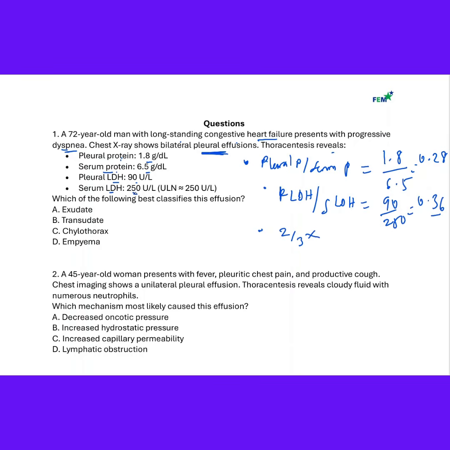The serum LDH is 250, right? So if you multiply 2/3 by 250, that gives us 167. We can see our pleural LDH is 90. It's not up to 2/3 of the serum LDH. So because of that, none of these meets Light's criteria. So we're going to say this is a transudative what? Effusion. So the best answer there will be B.